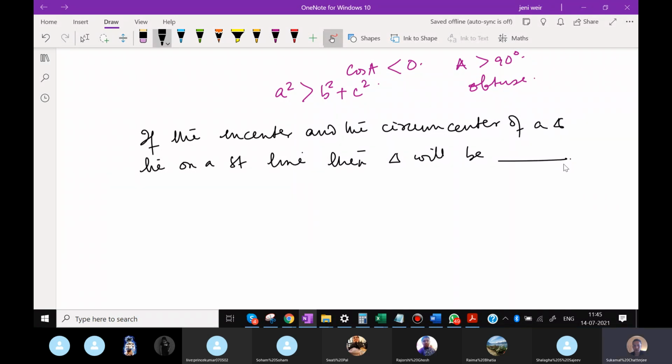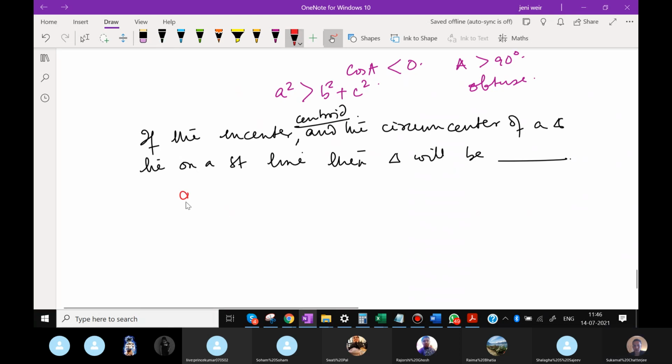Incenter and circumcenter of a triangle lying on a straight line. Incenter, circumcenter, and centroid lying on a straight line. If these are collinear, then what kind of a triangle will it be?